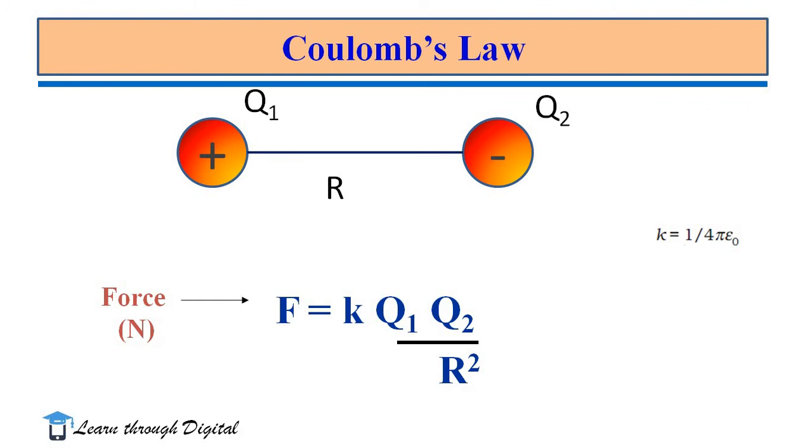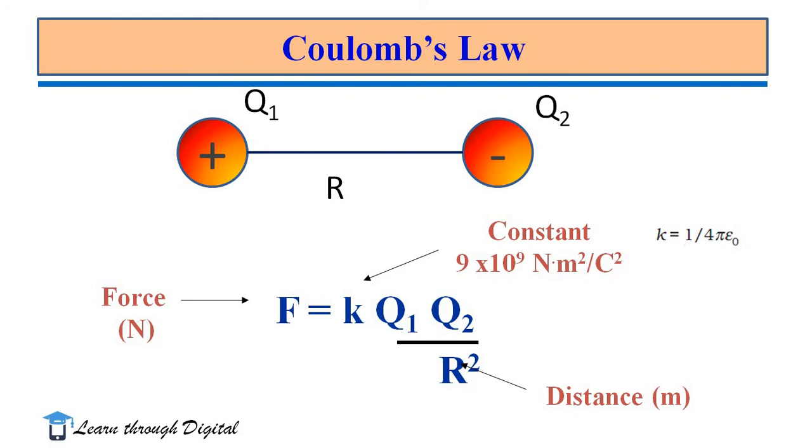In the SI system, the force is measured in newtons. K is a constant. The value of K is 9 into 10 power 9 newton meter square per coulomb square. R is measured in meters. Charges are measured in coulombs.